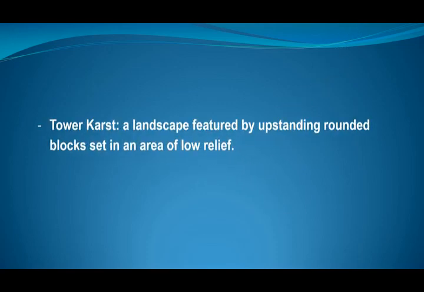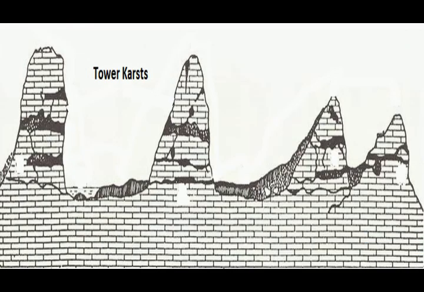The next type of karst are tower karst, which is a landscape featured by upstanding rounded blocks set in an area of low relief. And this is what they look like. They look like towers. Very slender, all right, not as low and rounded like the cockpit karst, and they can be quite isolated from each other.